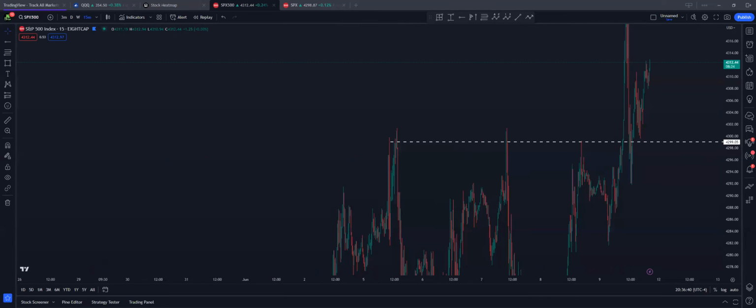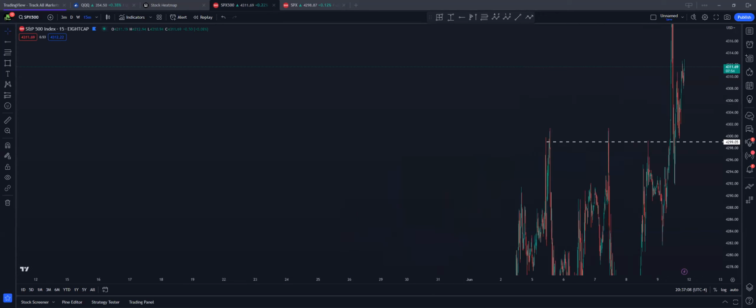Now, a thing about support and resistance levels is that they tend to be at rounded even prices. 4,300, 4,250, 4,280, those even numbers are usually where support and resistance gets created, simply because they're easy numbers for traders to remember, and the algorithms also like those even numbers, as it makes it a lot easier for them to execute trades.